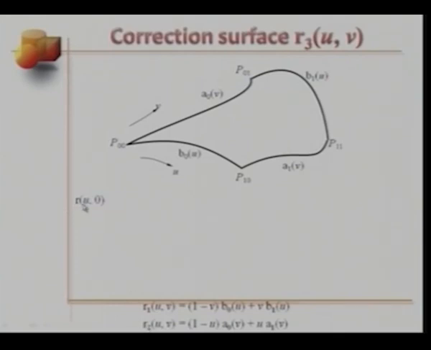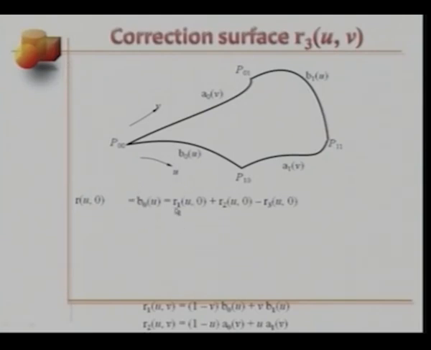Now R(U,0) is what? Corresponding to values of V equals 0, R(U,0) is the curve B0(U), which is equal to R1(U,0) plus R2(U,0) minus R3(U,0), from the Kuhn's patch model itself.